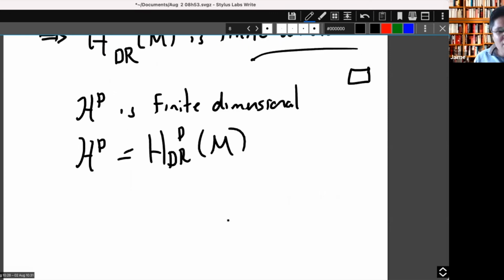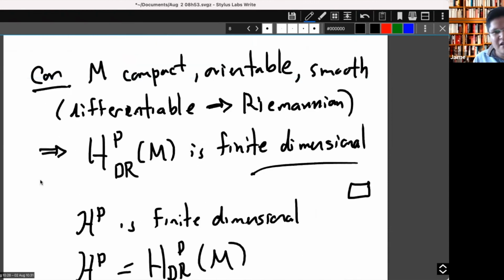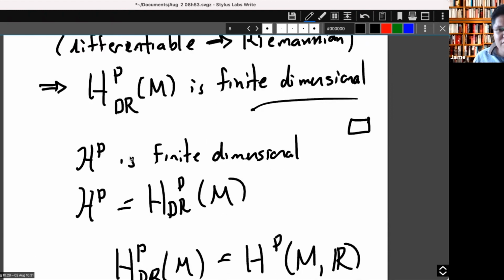Perhaps you already knew that the de Rham cohomology groups are singular cohomology. This is not as surprising, right? But if you don't know anything about topology, it is, in my opinion, something, right? So I'm going to stop with this corollary.